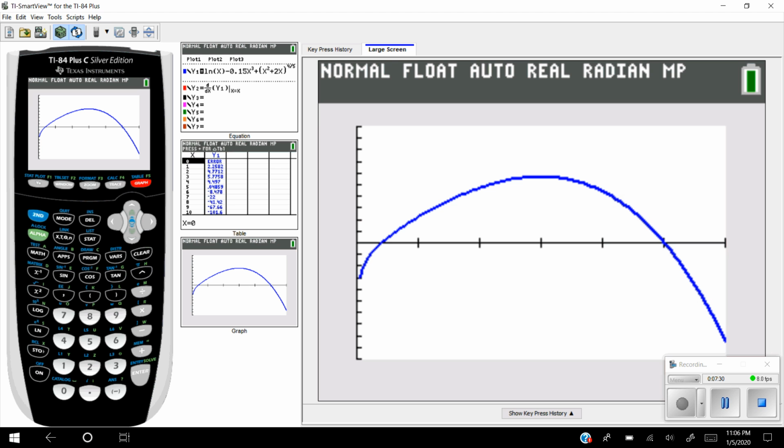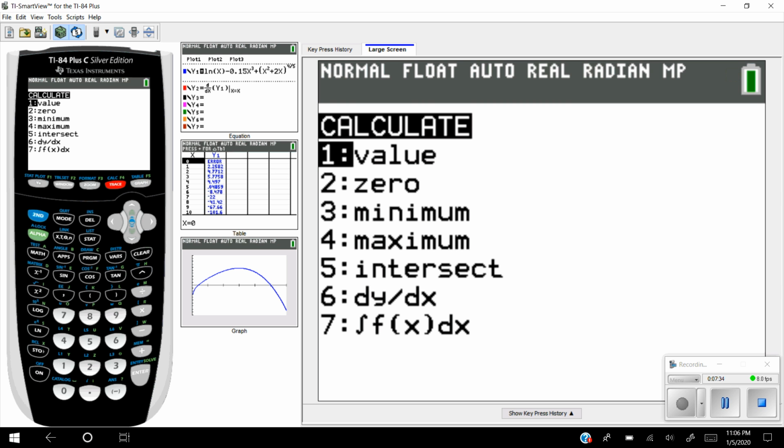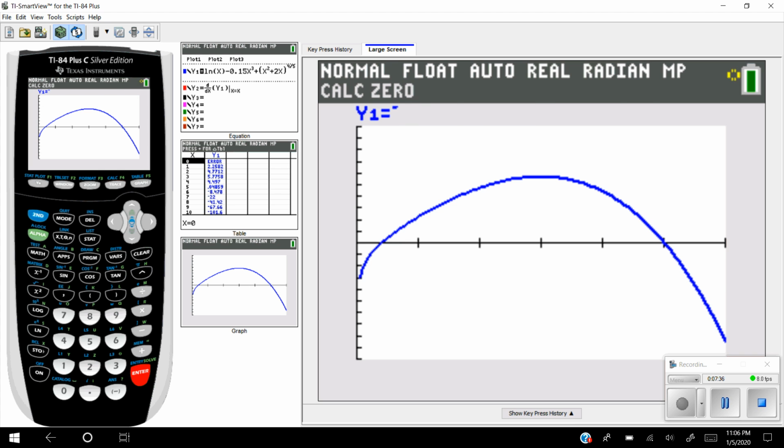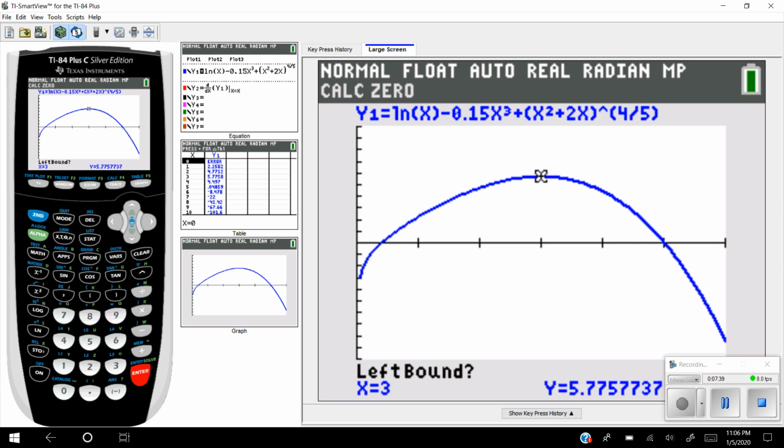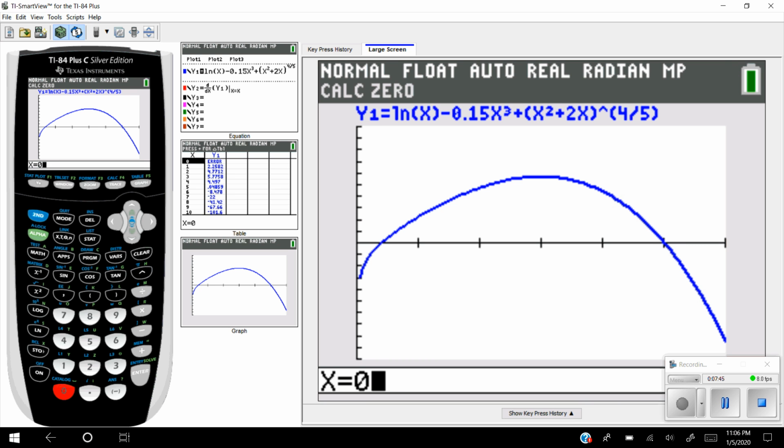So what we're going to do here is go to second, calculate the 0. Now it's asking for the left bound. You can use your left and right arrows to arrow this thing all the way to the left, or I'm going to straight up say the left bound is 0 for the first one, because that's clearly to the left. It's between 0 and 1.